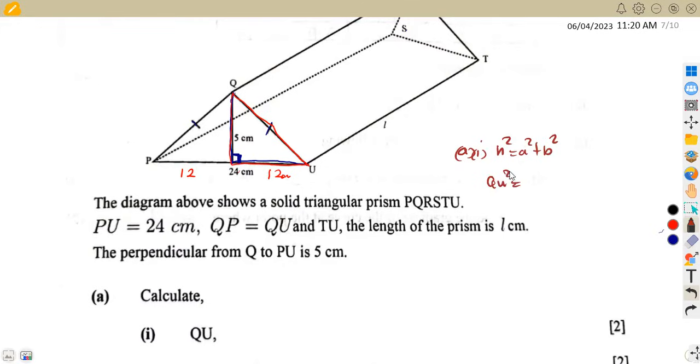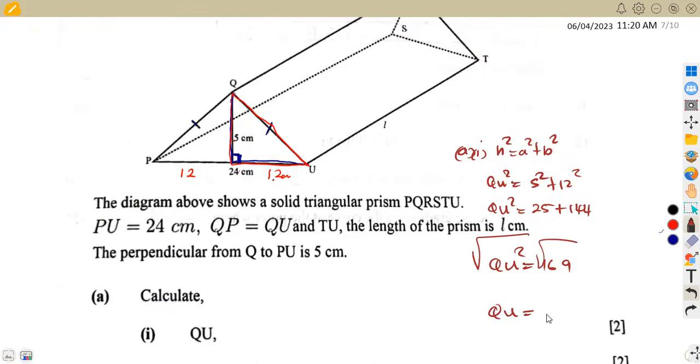So QU squared is equal to 5 squared plus 12 squared, which is 25 plus 144. So QU squared is equal to 169. To remove the square, simply introduce the square root. So QU is going to give us 13 centimeters, meaning also here we've got 13 centimeters.